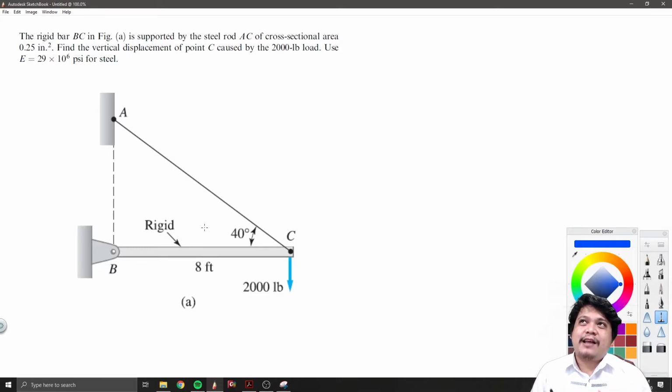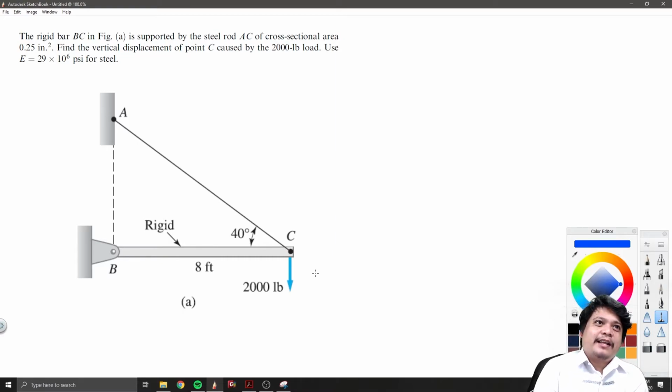So, parang ang term is negligible yung deformation ng BC in comparison dun sa deformation ng AC. Kaya rigid bar siya. So, we expect na kapag bumaba or na-deform to, dapat straight line pa rin si rigid bar, si BC.